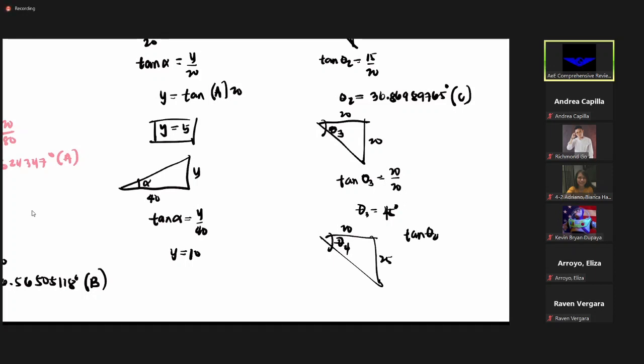Tan theta sub 4 is equal to 25 over 20. And theta sub 4 is equal to arctan 25 over 20. So that is 51.34019175 degrees, store D.